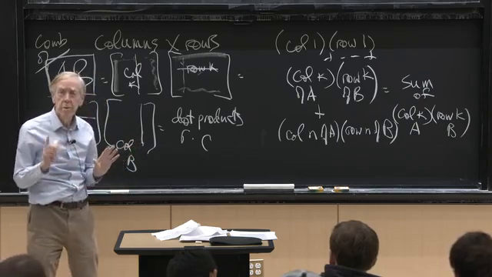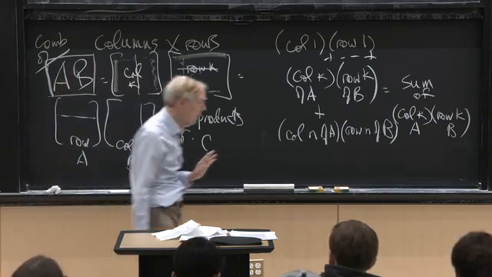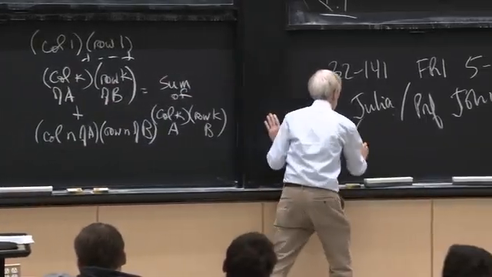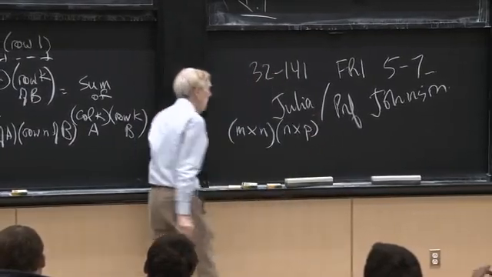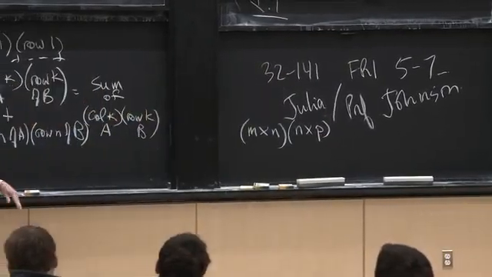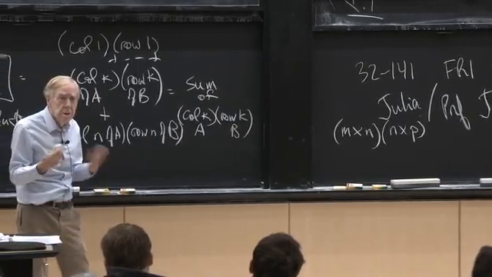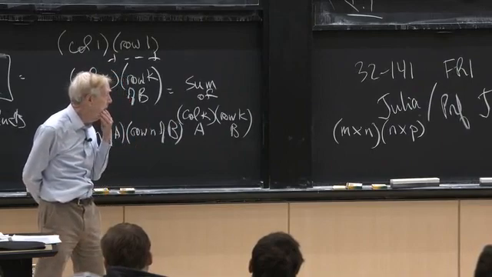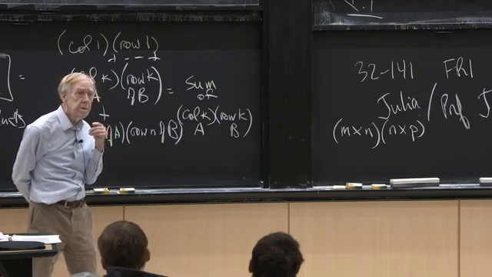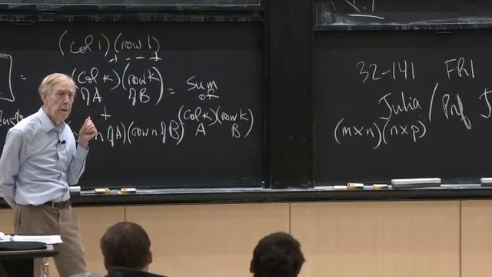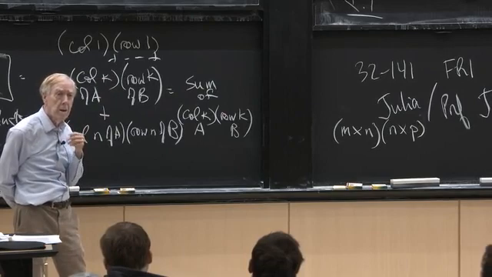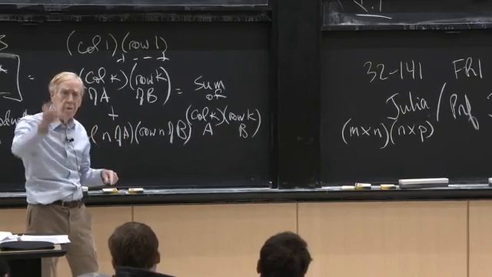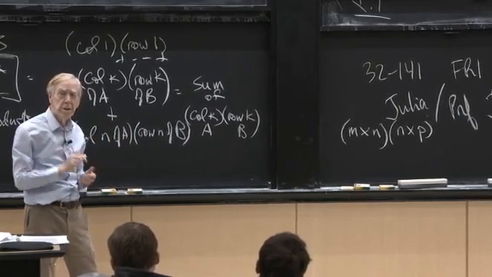Actually, with 1 minute left, we can figure out how many multiplications there are. How many multiplications to do an M by N matrix A times an N by P matrix B? How many individual numbers, because this would determine the cost? Suppose we do it the old way, by inner product, row times column. How many multiplications to do a row times a column and get one entry in the answer?